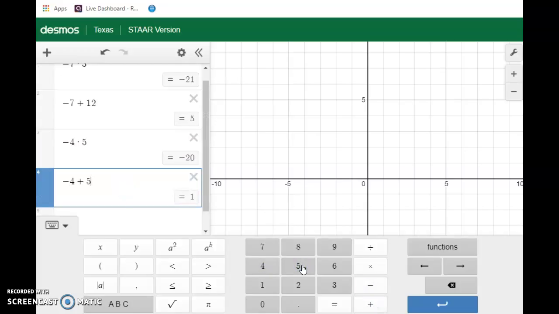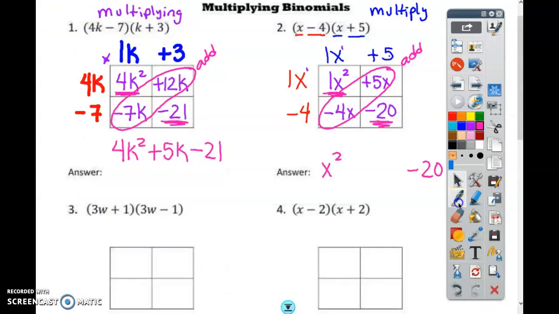And that gives you a positive 1. So this gives me a positive 1x because they both have an x, so my answer has to have an x. Okay? When you multiply, you add the exponents. When you add, you do not add the exponents. Okay? You keep it the same.